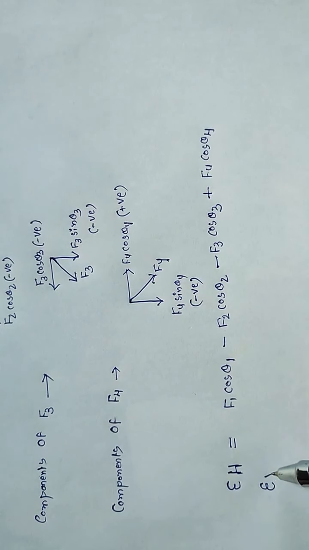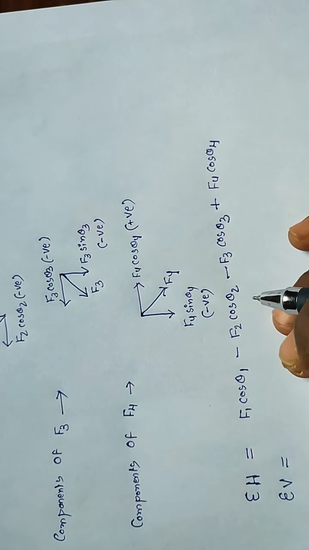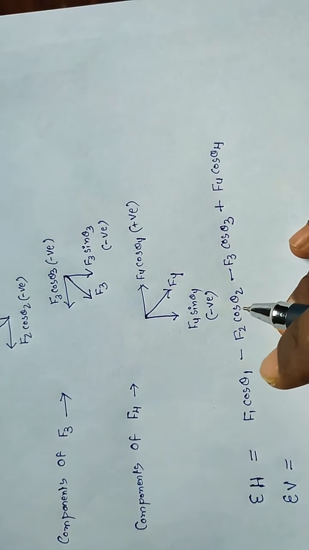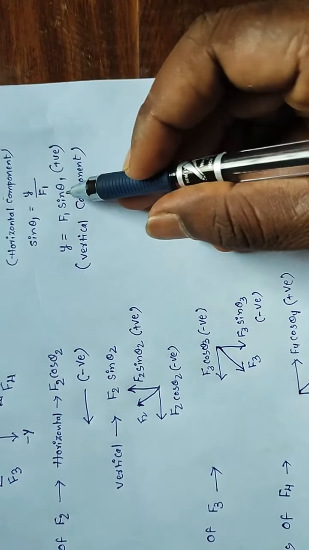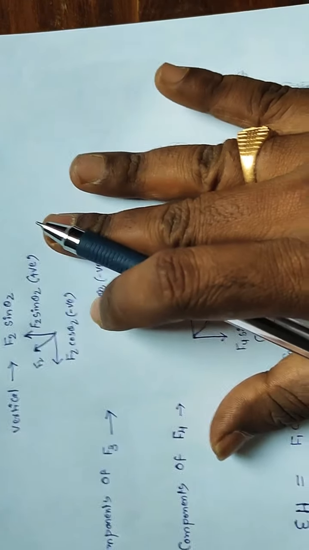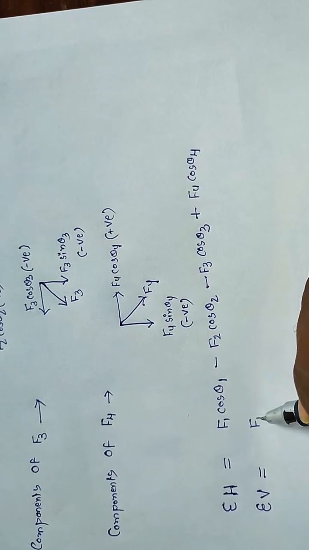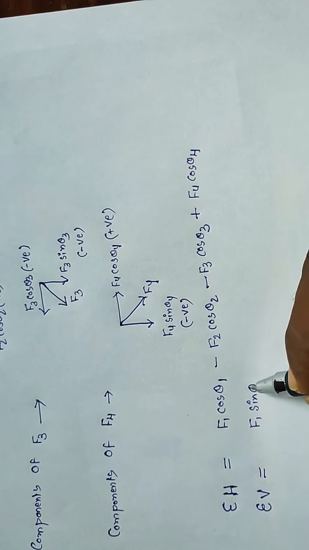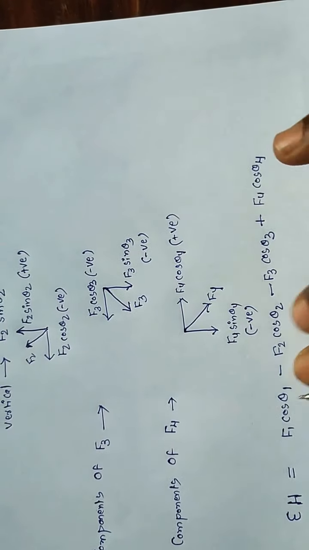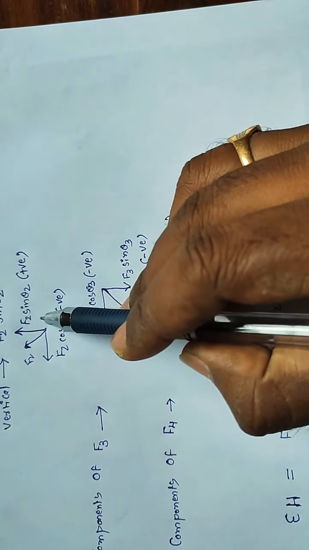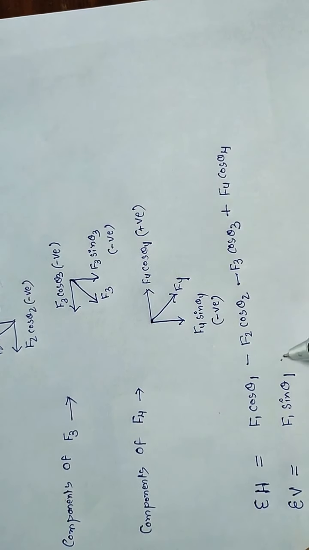Similarly, summation of all the vertical components, sigma v, equal to: the vertical component of force f1 is f1 sin theta 1, this value is positive, f1 sin theta 1. For component f2 we get f2 sin theta 2, it is a positive value.